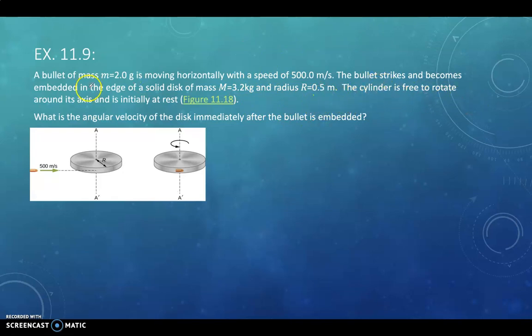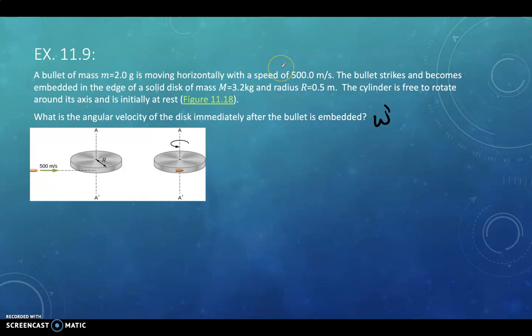The cylinder is free to rotate around its axis and is initially at rest. What is the angular velocity of the disk immediately after the bullet is embedded? So we are looking for some omega prime here.